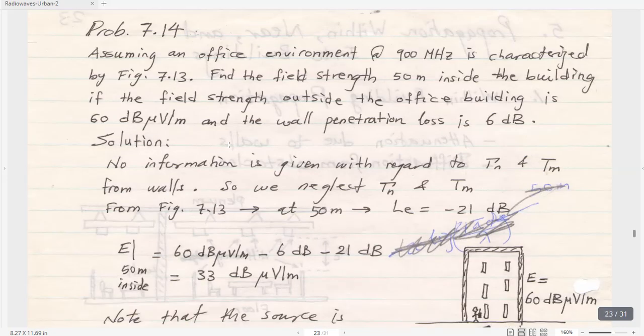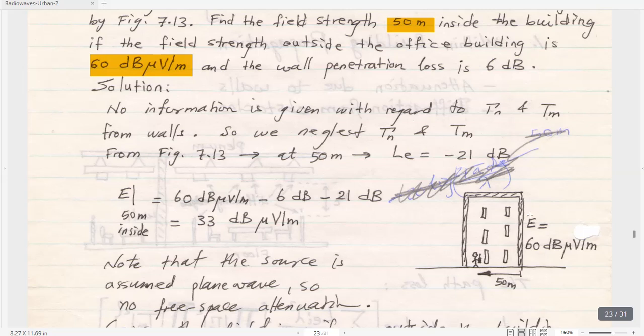As an example, assume an office environment at 900 megahertz frequency, characterized by figure 7.13 that we have already seen. Find the field strength 50 meters inside the building, if the field strength outside the office building is 60 dB microvolt per meter.